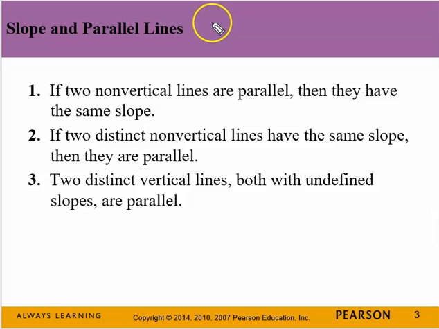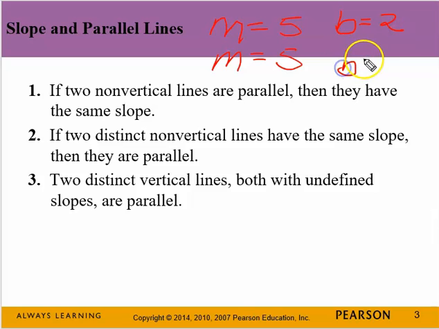Well, if we have the slope of one equation, let's say is 5, and the slope of another equation is 5, but the y-intercepts for this one, let's say, is 2, and for this one is 5, where the slopes are the same, the y-intercepts are different, then the lines are going to be parallel lines.